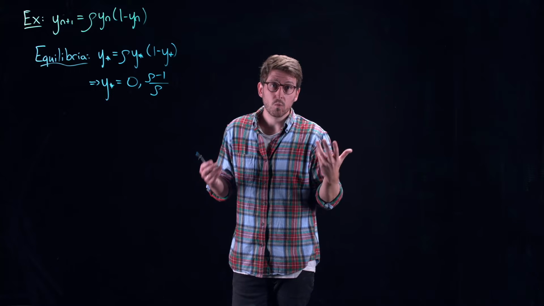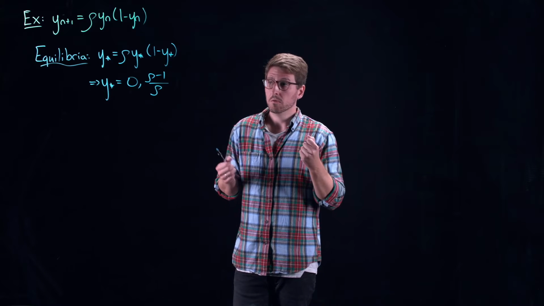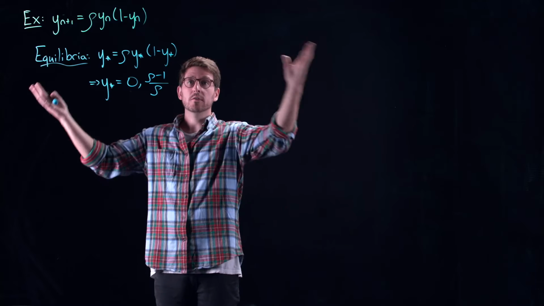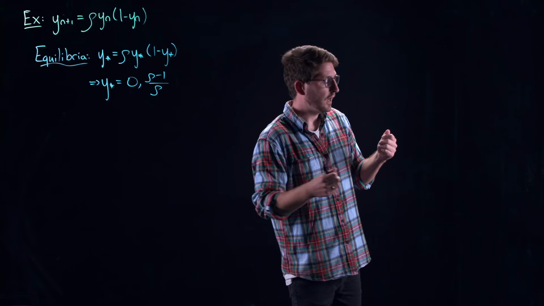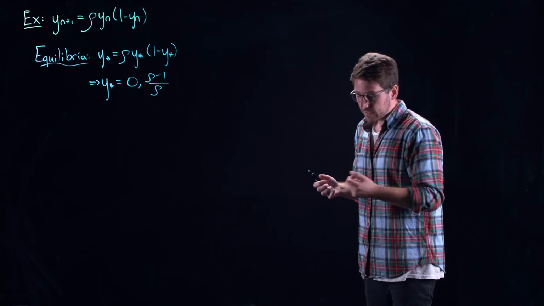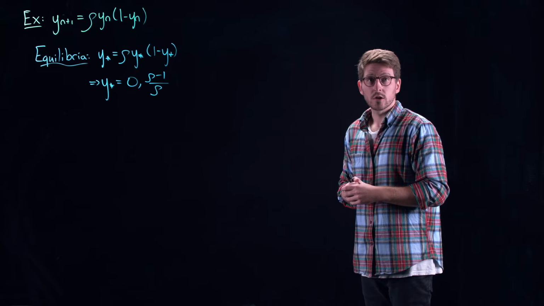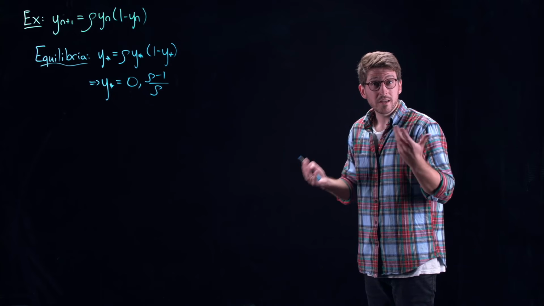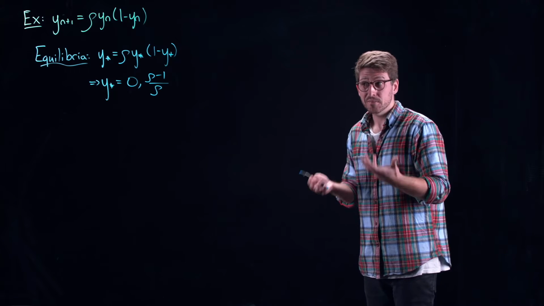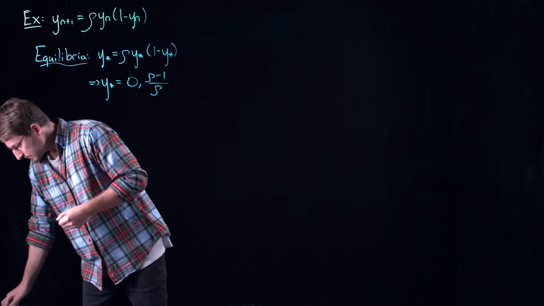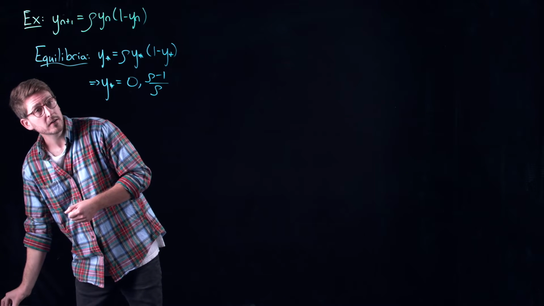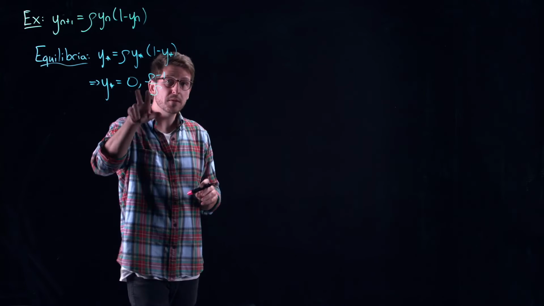Okay, so the question is, what happens? How do I understand behavior that is not equilibrium? Remember, from the phase line diagram lecture, there's a lot more going on, and we can capture it with phase line diagrams. But the question is, what can we do here? Well, we could, for instance, analyze the stability of these equilibria.